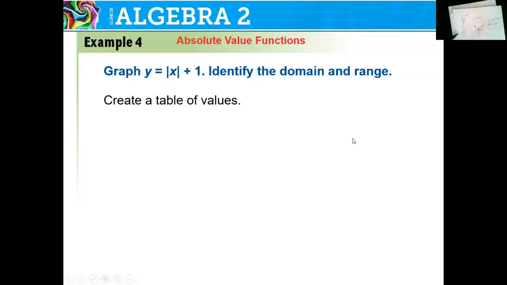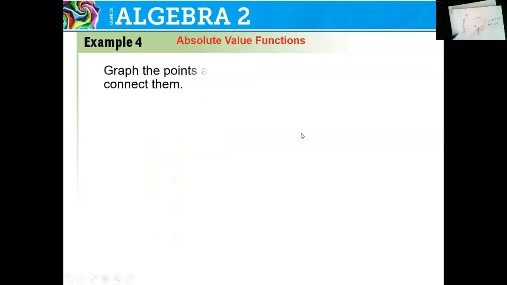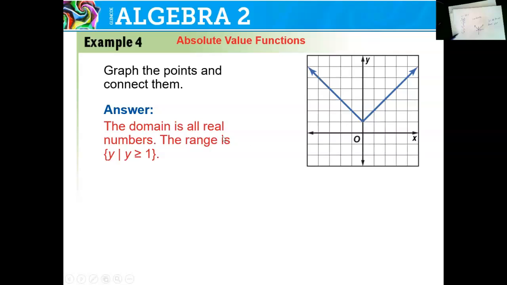So we created a table of values. Okay, they expanded their table. Once again, you can see there's a minimum point. Connect it, and that's what your answer would be. The domain is all real numbers. The range is y is greater than or equal to 1.